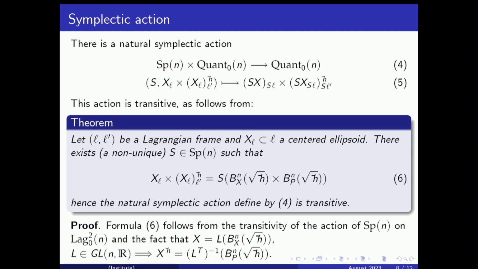Because of the transitivity, every geometric quantum state can be obtained from the canonical one using a symplectic transformation. So this means also that the John ellipsoid of an arbitrary state is S applied to the ball with radius square root of h bar in phase space.